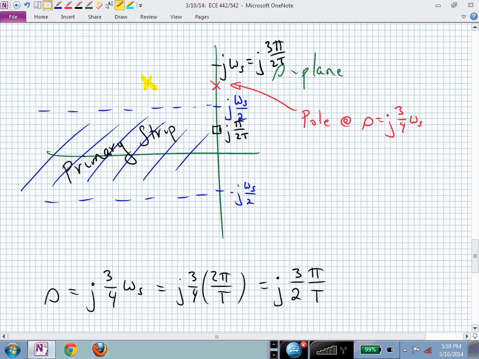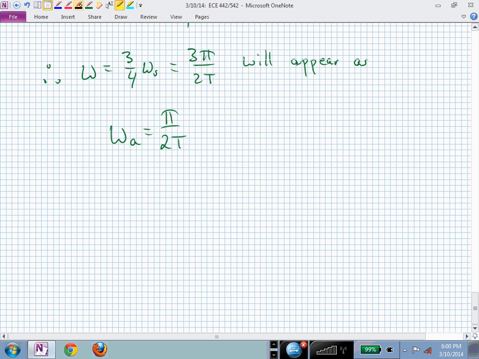So we have to keep that in mind when we're talking about this S-plane and Z-plane mapping. We can't just go all the way up to infinity in terms of frequencies. What's happening right at this Nyquist frequency?